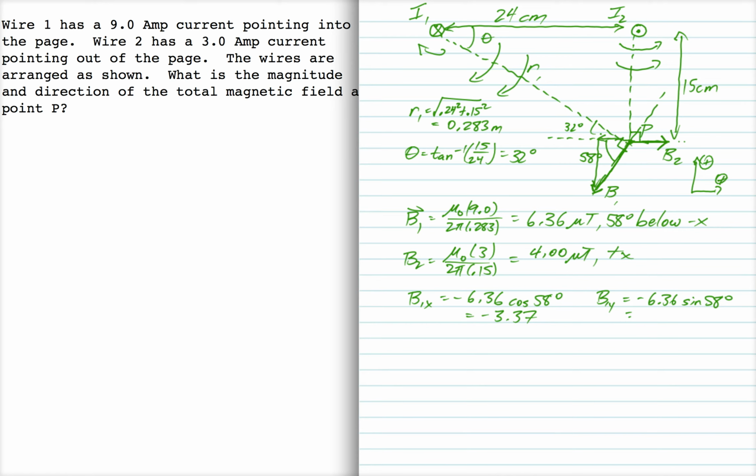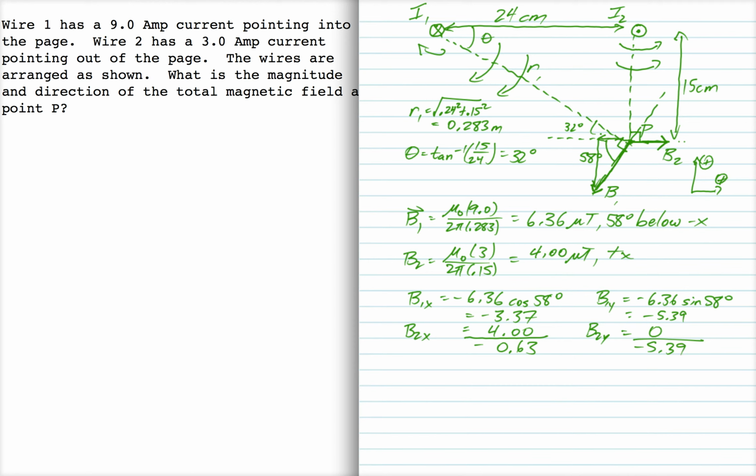That's minus 5.39. Okay, and then the x component of magnetic field number 2 is just 4. And the y component of magnetic field 2 is 0. You don't have to do any trig for that. It points right along the x-axis. Alright, so the total x magnetic field is minus 0.63 microtesla, and the total y magnetic field is minus 5.39.